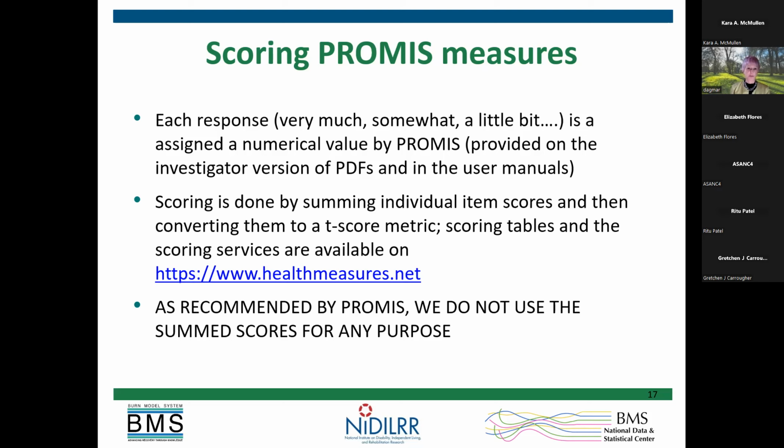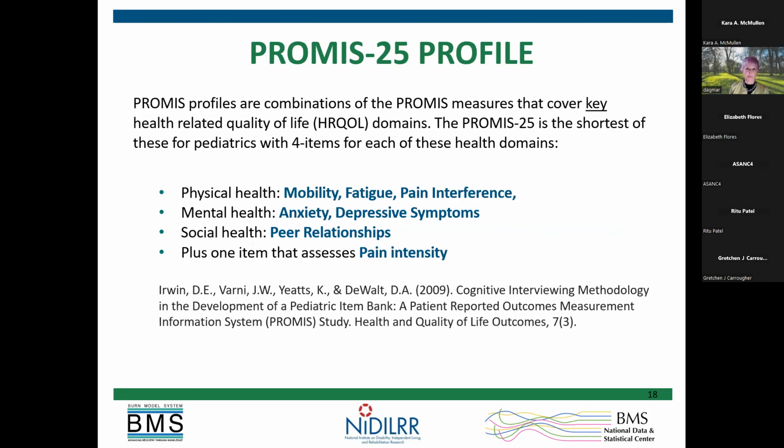The online scoring service allows you to score unique sets of items, or to score when you have missing responses to items. As is recommended by PROMIS, we do not use the sum scores for any purpose. We always use the IRT-based T-scores. The sum scores have not been validated, and other than for some psychometric purposes, they should not be used.